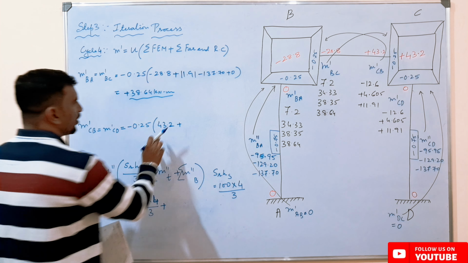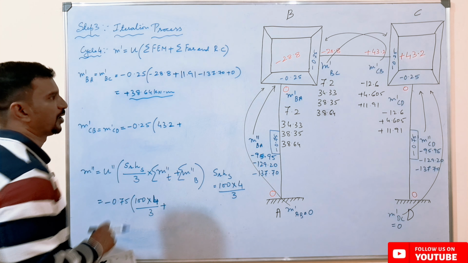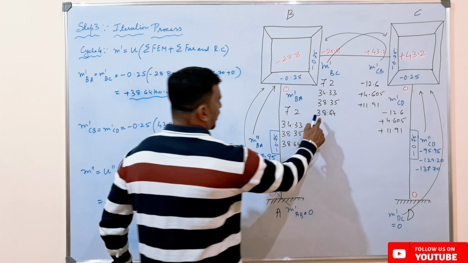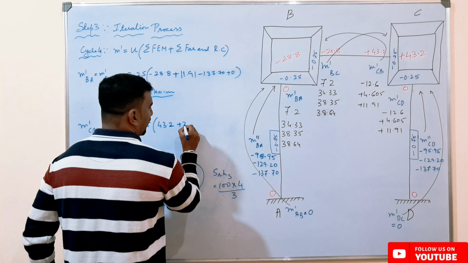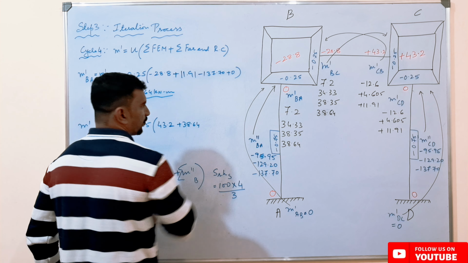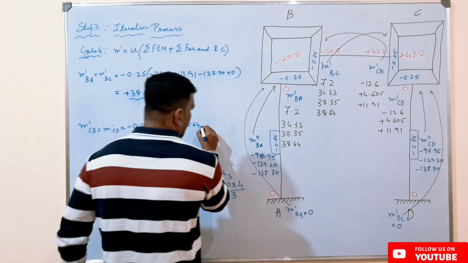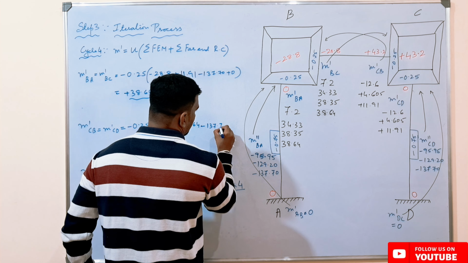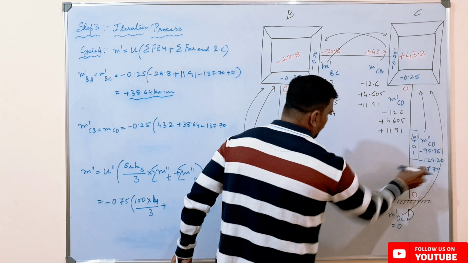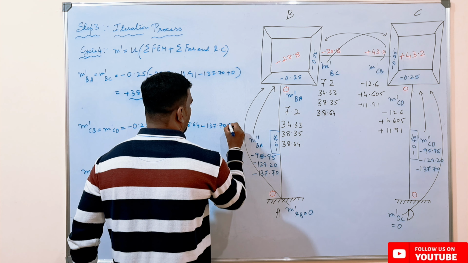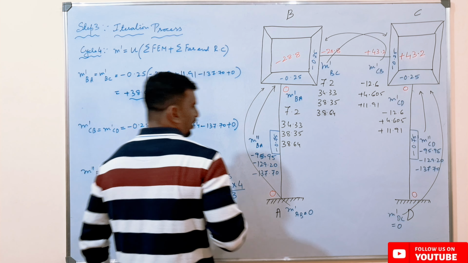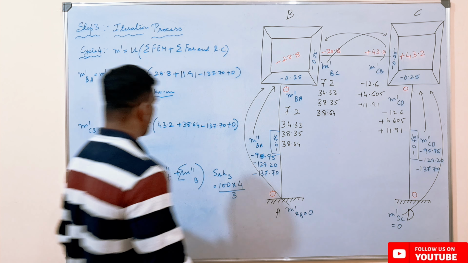So here 43.2 is the summation of fixed end moment. The far end rotation contribution here we are having a new iteration value 38.64 and minus 137.70, this one value here, and the far end rotation contributions about m dash DC is 0.